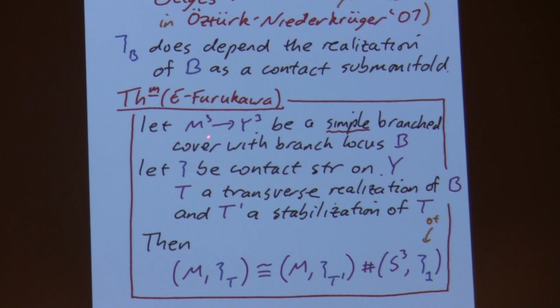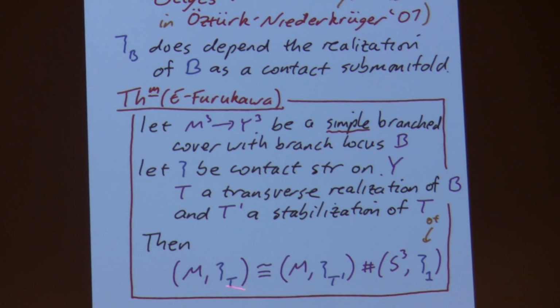So suppose I have a branch cover of one 3-manifold over another, and we have a contact structure ξ on Y downstairs. Take two different transverse realizations of the branch locus, where one of them is a stabilization of the other. I don't think I've defined stabilization, but it's basically a way to take a transverse knot and get a new one. I'll say a lot more about that in a subsequent talk, but it's a way to generate new transverse knots from ones you already have.